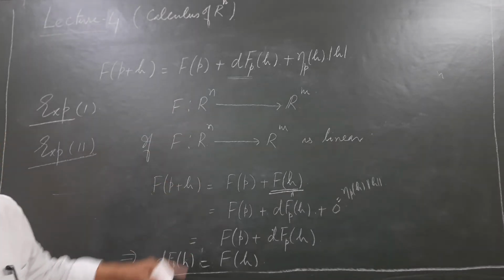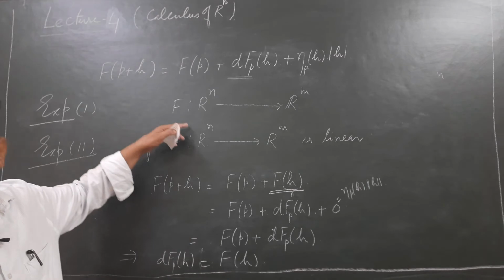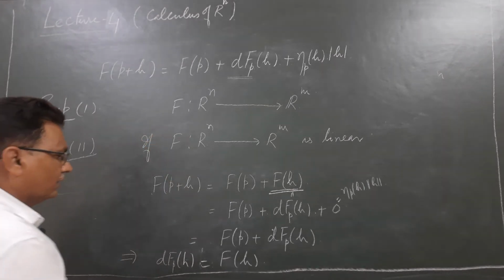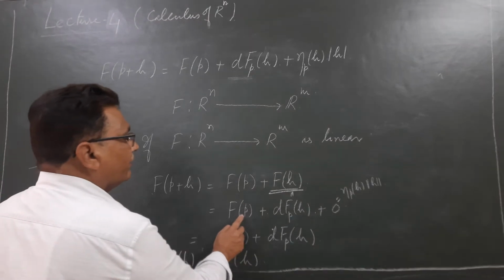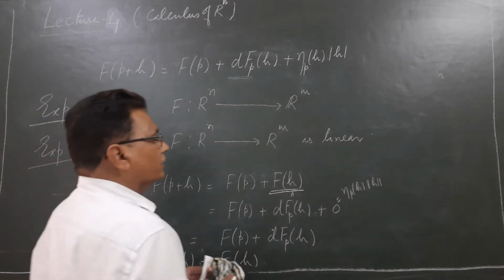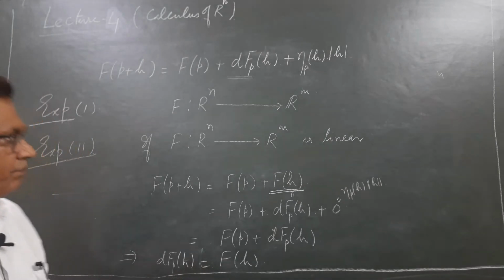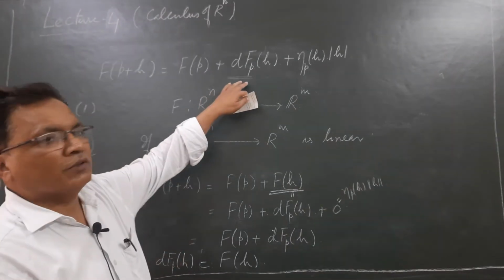Actually, sir, first you are writing the linear property, and in the second line you are writing from the definition. Yes, this is by definition. No, you see, the point is that if a function is differentiable, this equality must hold.